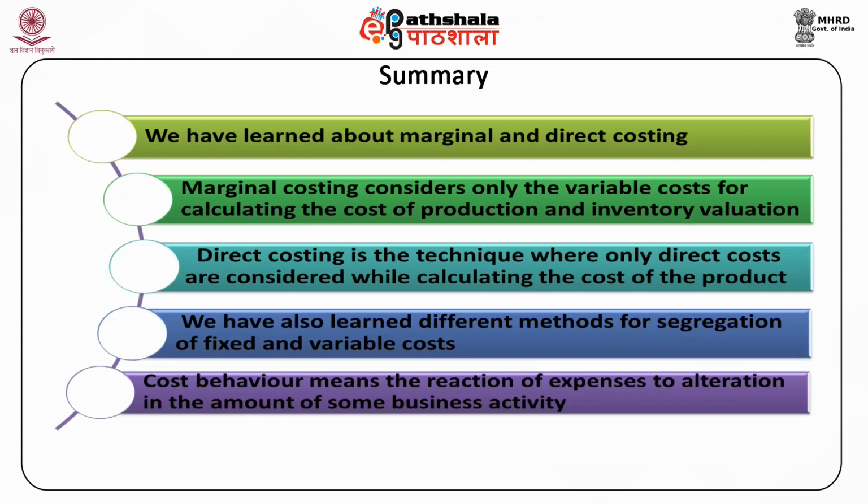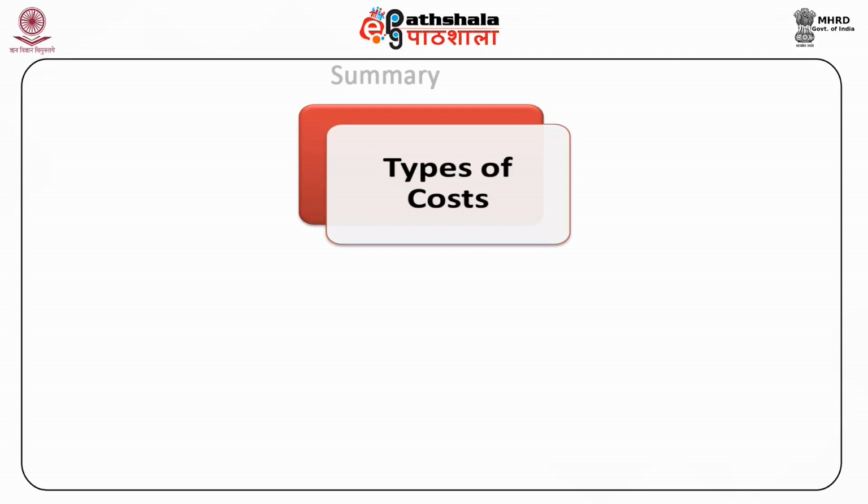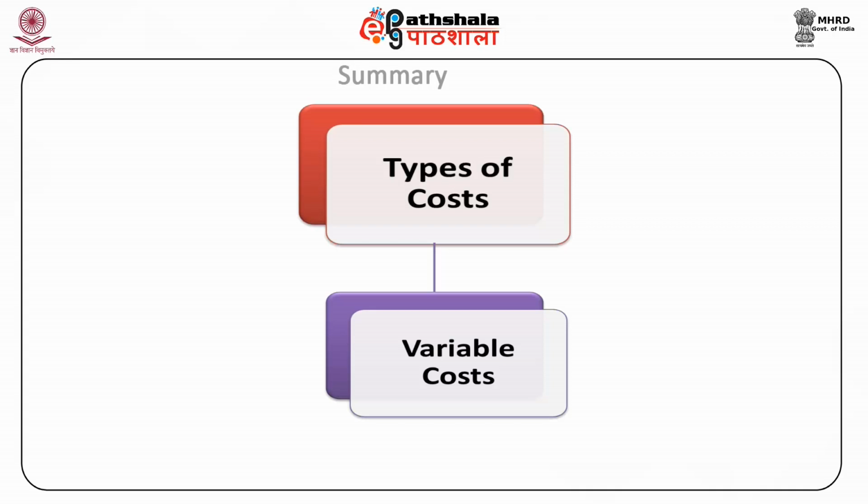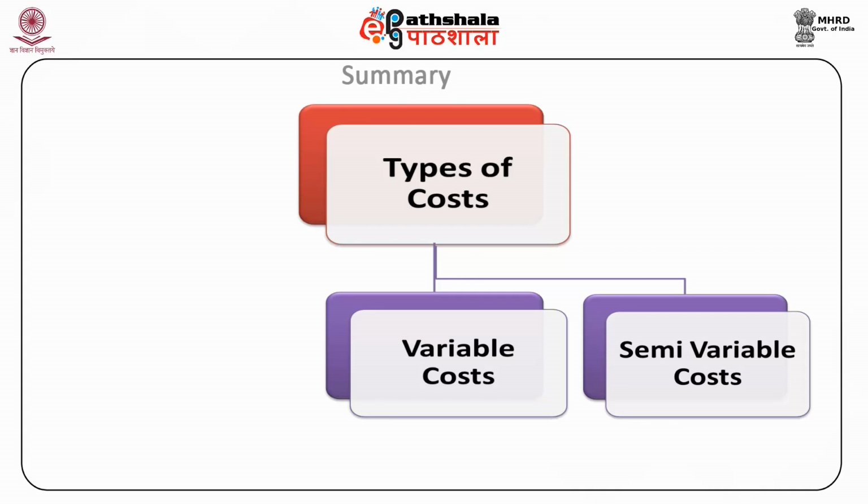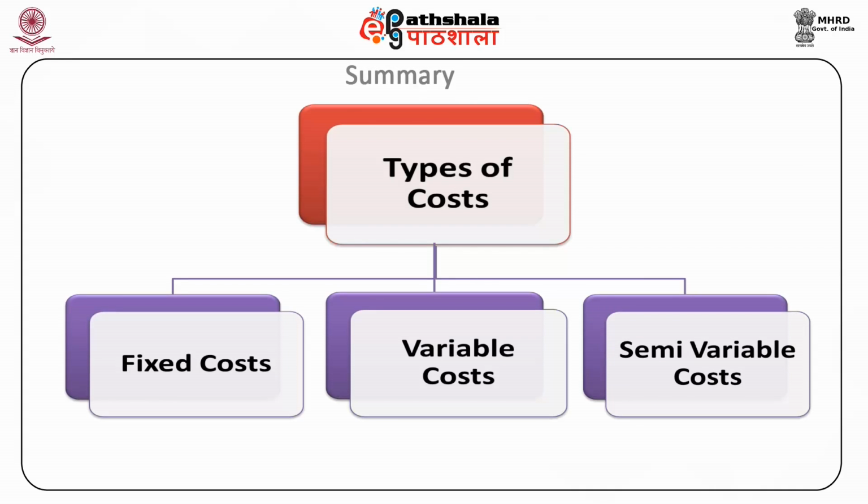Cost behavior means the reaction of expenses to alteration in the amount of some business activity. In simple words, how cost is changing when there is some change in the output. In short term, we have three different kinds of costs, namely variable, semi-variable, and fixed cost.